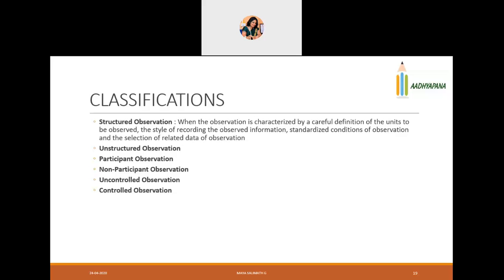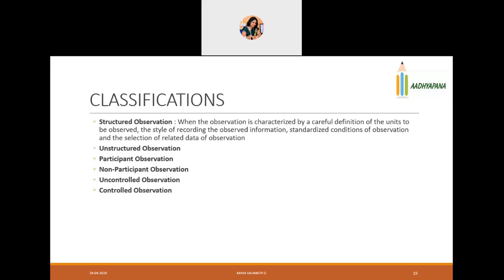Now, unstructured is where you only know the agenda you want to observe. Only the agenda, what you are trying to find out from the observation, but you do not have specific structured items which you want to observe. Now there is participant observation. Participant observation is you being a part of the participants.